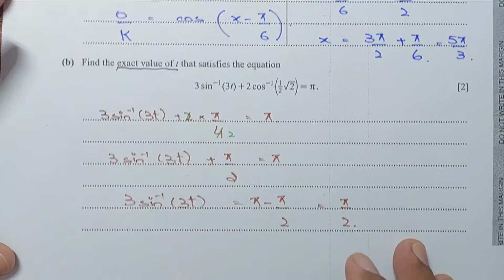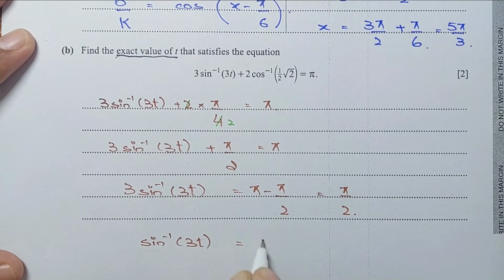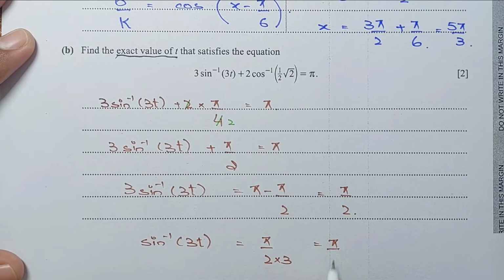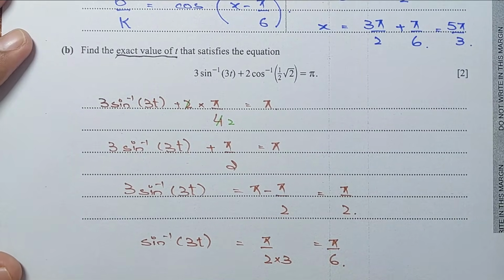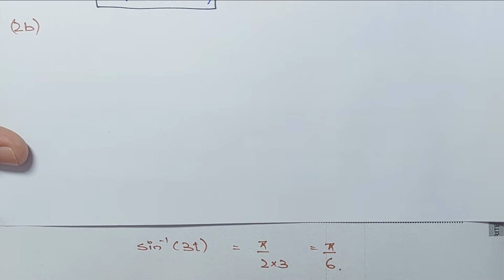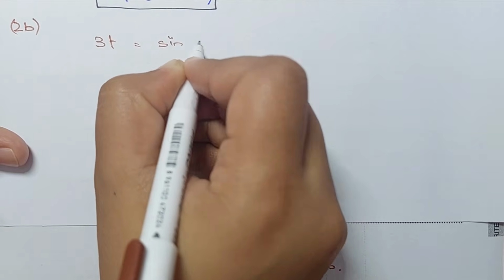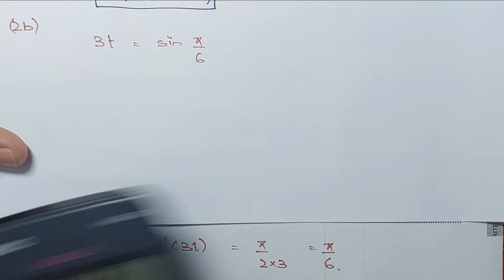All right. Now for further simplification, we can divide both sides by 3. So sine inverse of 3t is equal to pi by 2 divided by 3, that is pi by 6. Now what is 3t? 3t would be equal to sine of pi by 6.